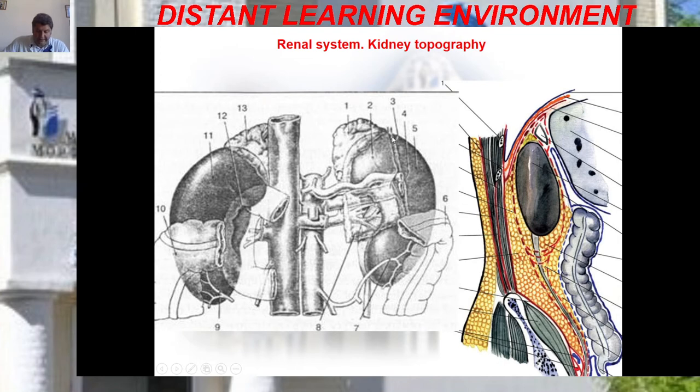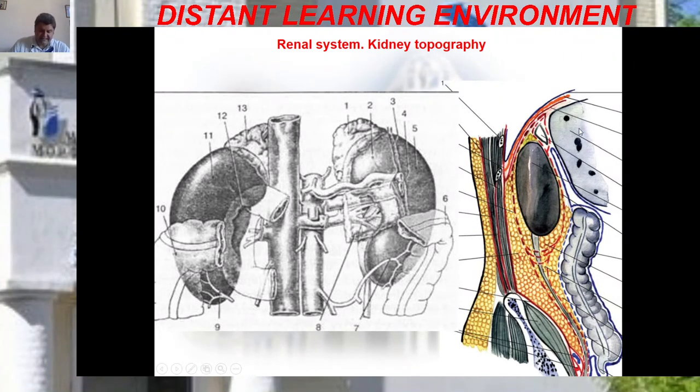Further downward, a greater part of this surface joins the liver, while its lower third comes in contact with the right flexure of the colon. You may see the right flexure of the colon here, and also you may see the inferior posterior surface of the liver on the right picture.